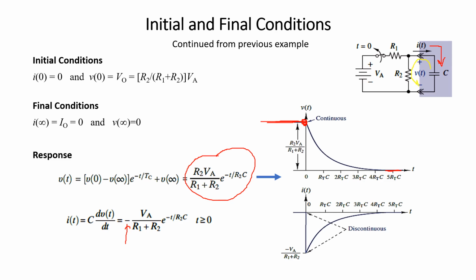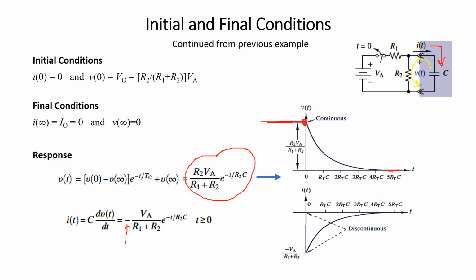As we have written the differential equation for the assumed direction of the current, the opposite direction will be negative. Negative current means the actual direction of the current is opposite to our assumed direction, for which we wrote the differential equation and found the response. So it starts from this value and decays to 0.